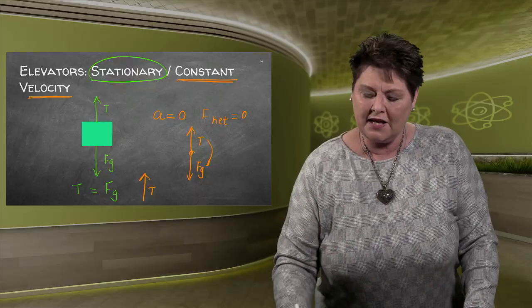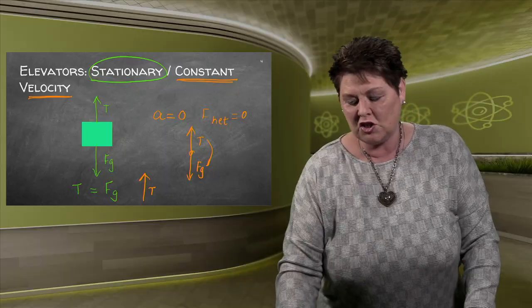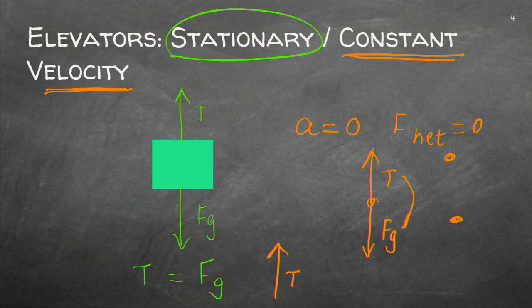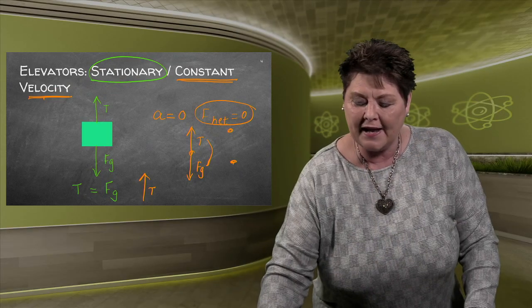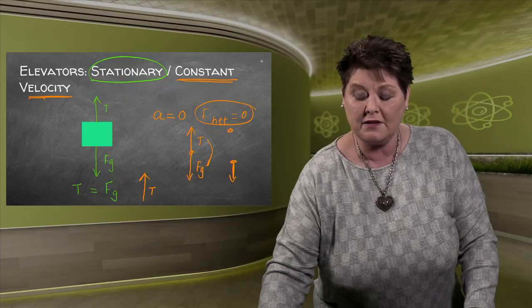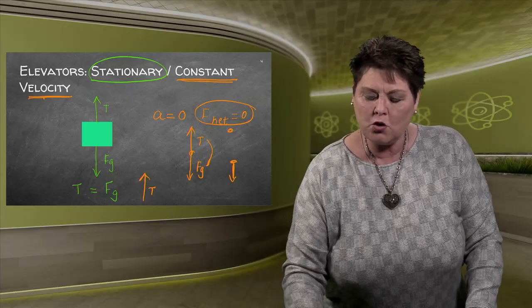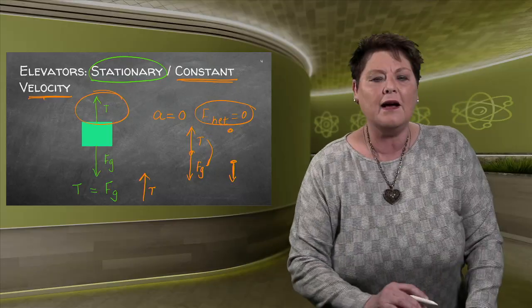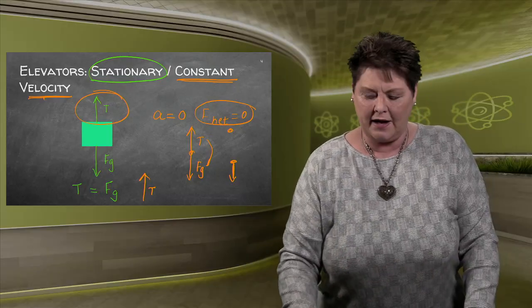So at some stage between the start and the end of your route, there will be a constant velocity, and as I said, there's no acceleration. Important: before you get out of the elevator at the 17th floor, the downward force will have to be greater to slow it down. So it's always changing the tension in the cables.